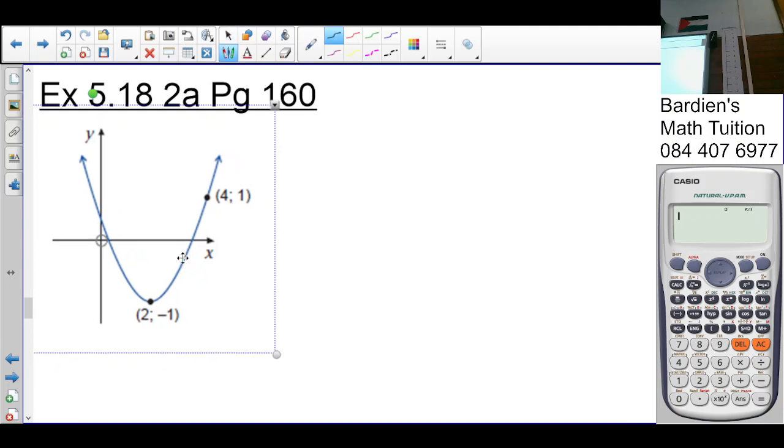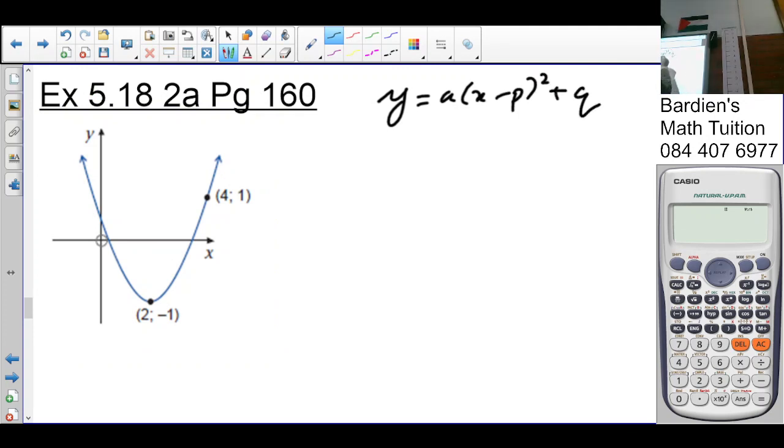Okay. So remember, the turning point is given, so we follow the formula y is equal to a into x minus p squared plus q. So we're going to substitute the point, okay, before we go into that. Remember, your turning point's coordinate is going to be p and q. Okay, so that will be your p and your q there.